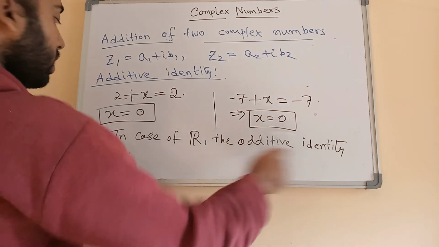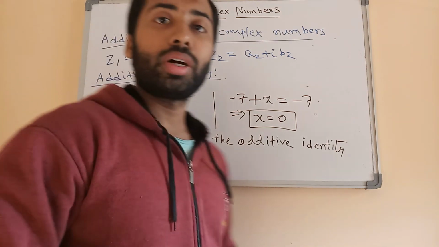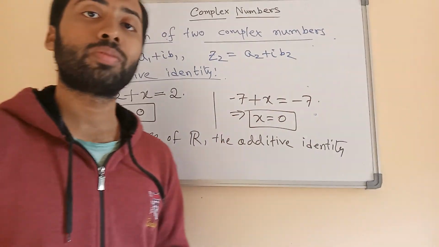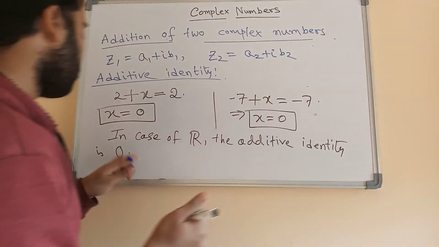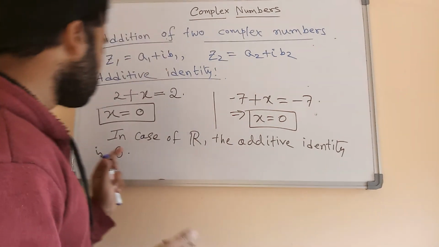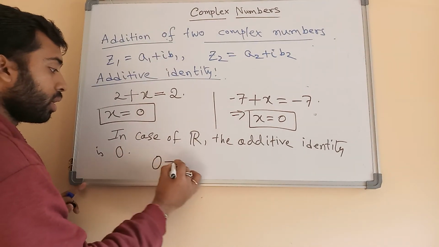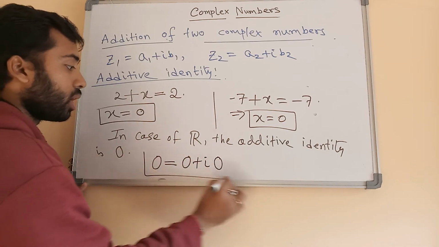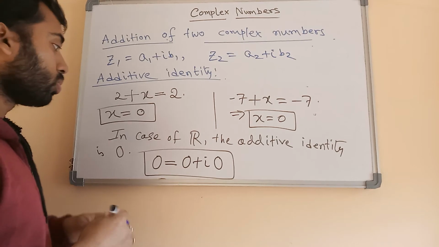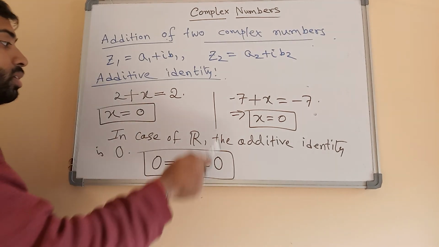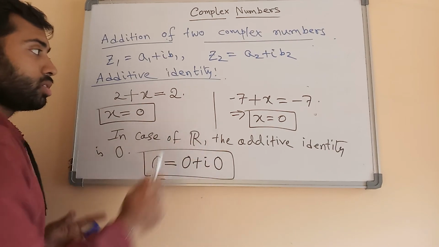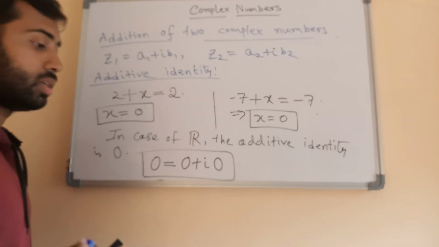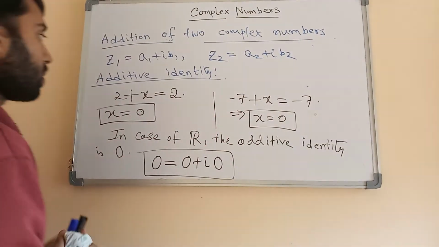Now as I told earlier, any number from R can be expressed in the form a plus ib, so 0 can be written as 0 plus i0, taking b equals 0. Since 0 is the additive identity in R, 0 plus i0 will be the additive identity for C, the set of complex numbers.